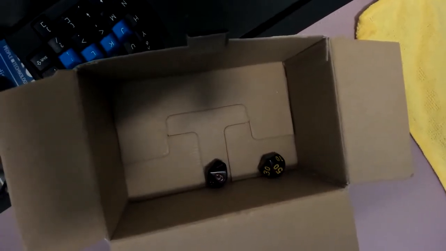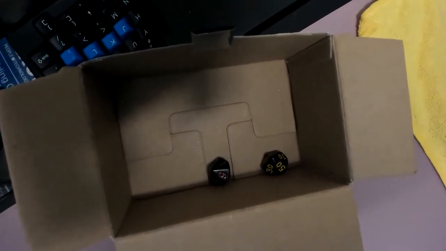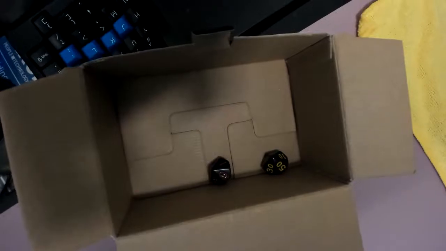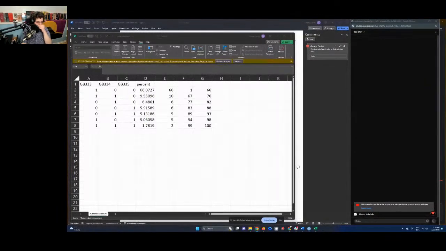So let's share the screen again. We go over to here, and 59. If this were a human language, it would be decimal, but we're going with octal.